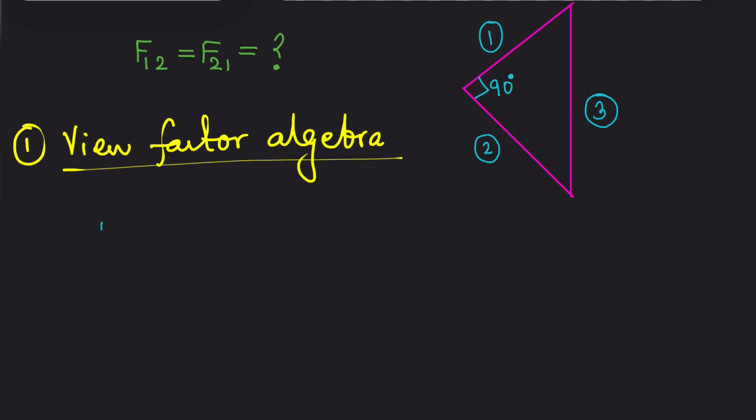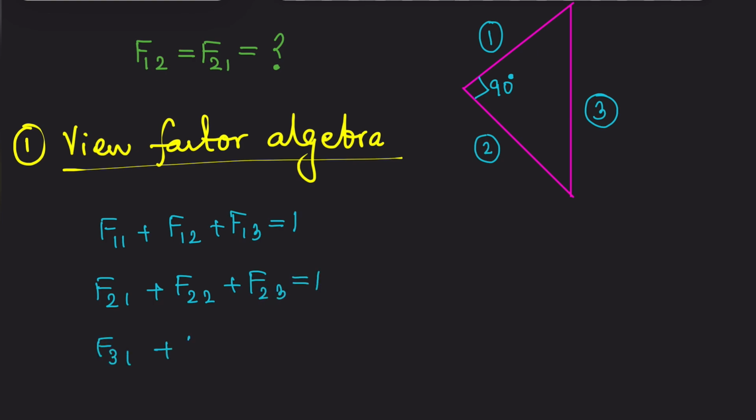So see, we have F11 plus F12 plus F13 equal to 1, F21 plus F22 plus F23 equal to 1, F31 plus F32 plus F33 equal to 1. And before anything else, we have this is equal to 0, this is equal to 0, this is equal to 0.